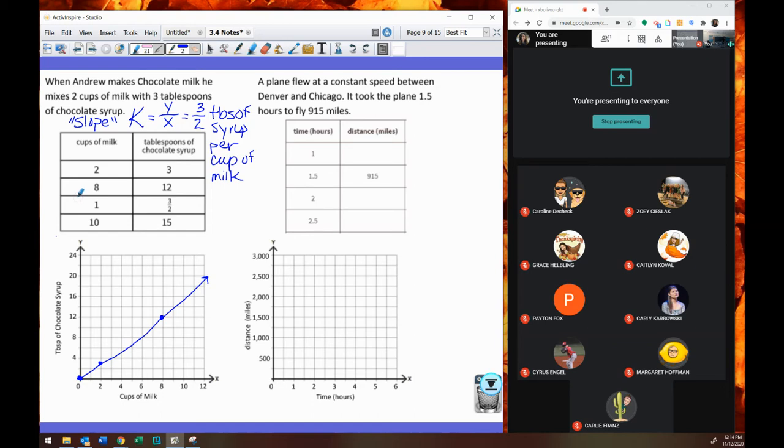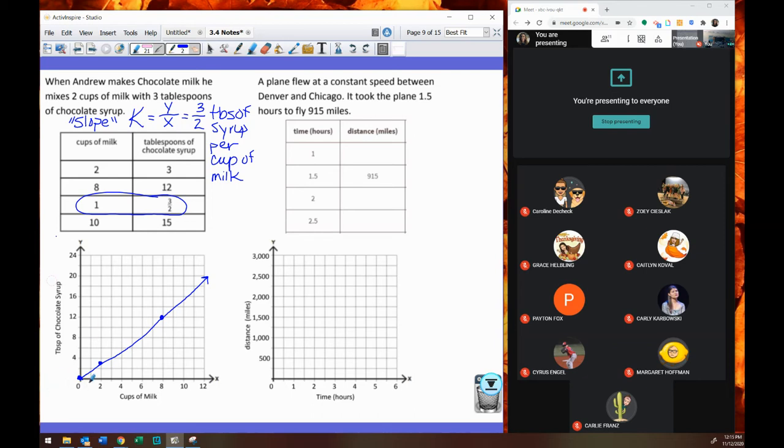What's important in the graph, in the table, anywhere you see it, is that x value of 1. That's where you see your slope. In these specific proportional relationship problems, we're calling it a constant of proportionality, but it's always just talking about if x is 1, what's your y value?